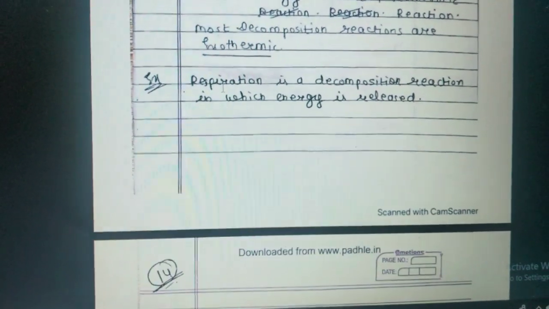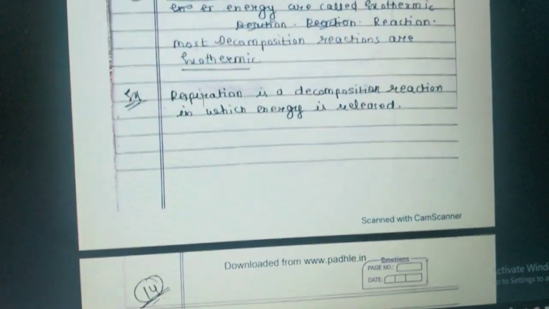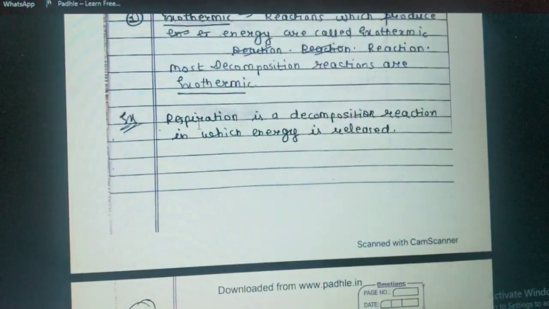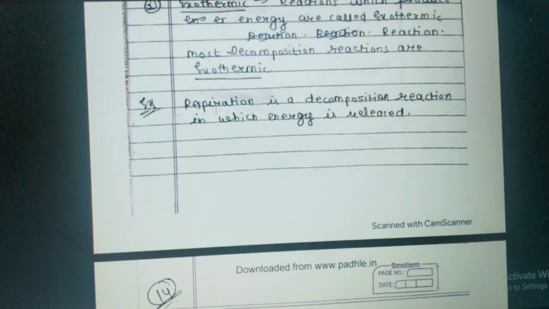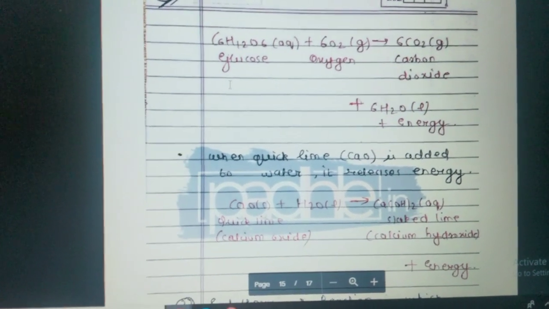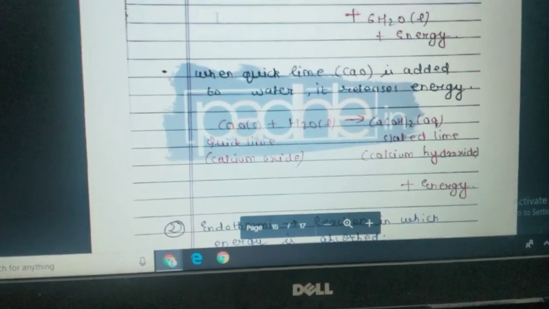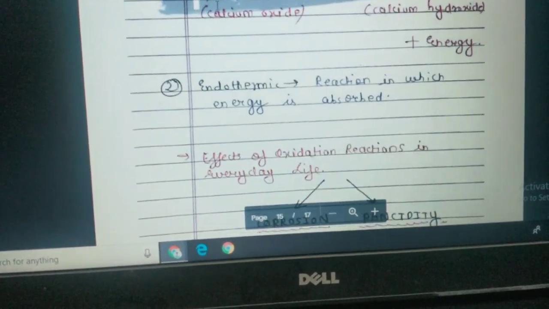For example, respiration is a decomposition reaction in which energy is released. Here you can see the example. When quicklime is added to water, it releases energy. So here also you can see the examples.